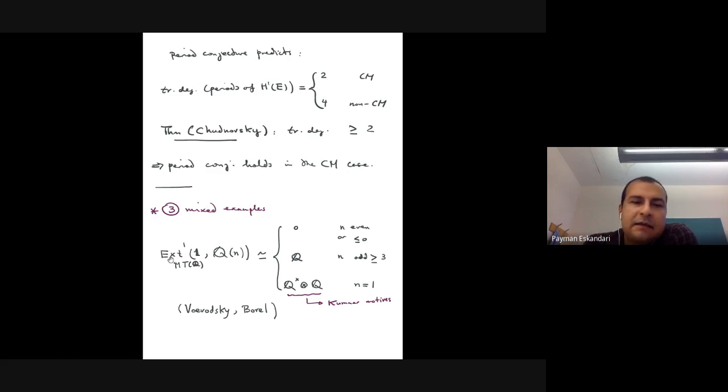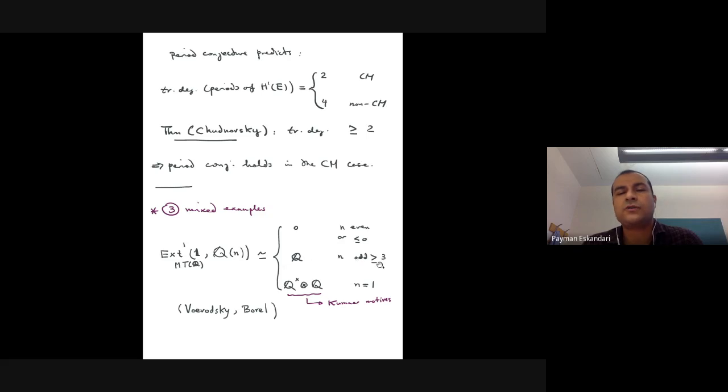Now, Ext1 of the unit object by Q(n) in the category of mixed motives, by work of Beilinson and Borel, one knows that this is zero if n is even or less than or equal to 0.